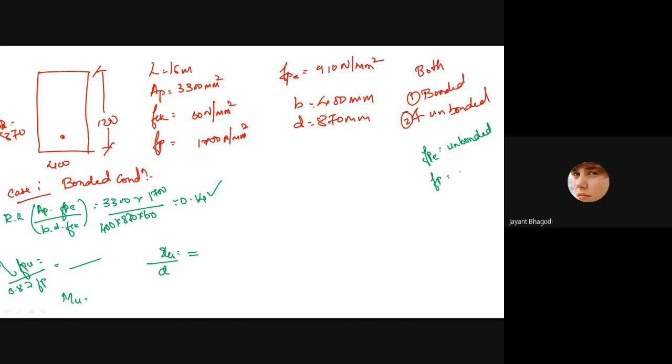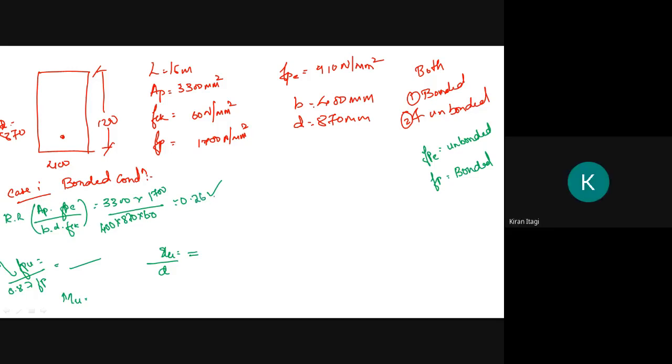Therefore, take FP for bonded, it is 0.26 reinforcement ratio. And for unbonded it is 0.14.